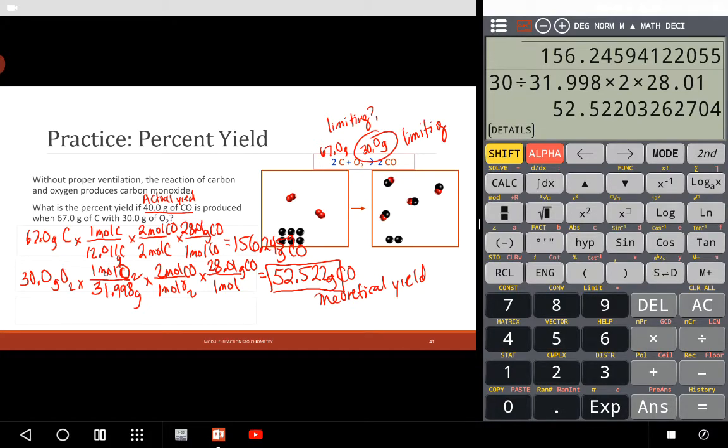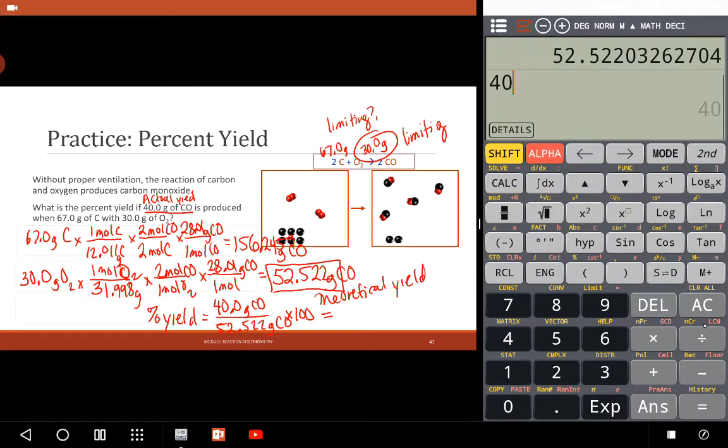My O2 is going to run out first, and I'm going to make that much carbon monoxide. I'm asked to find the percent yield, so the percent yield will be equal to my actual yield of 40.0 grams of carbon monoxide over my theoretical yield. And then I'm going to have to turn that into a percentage.